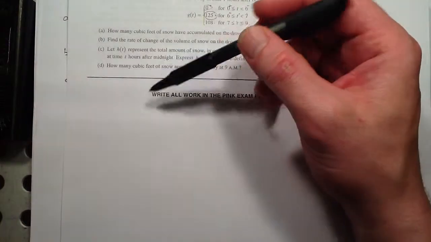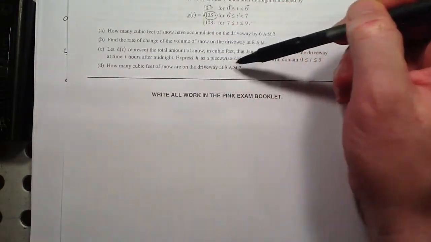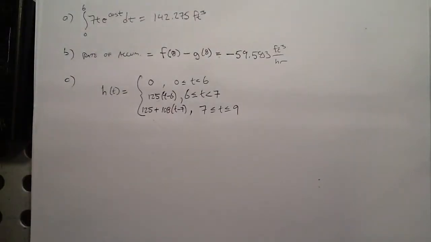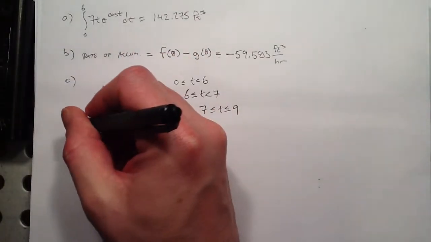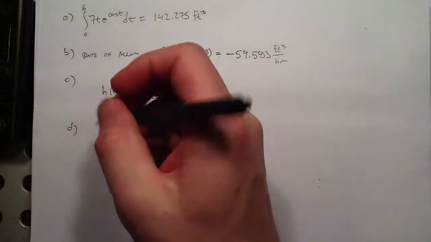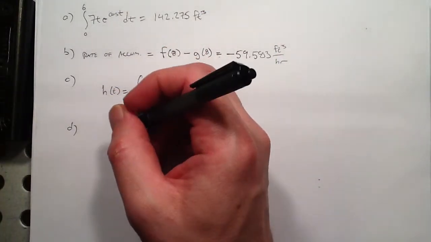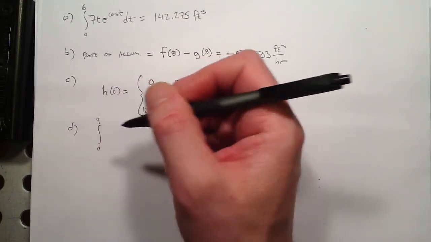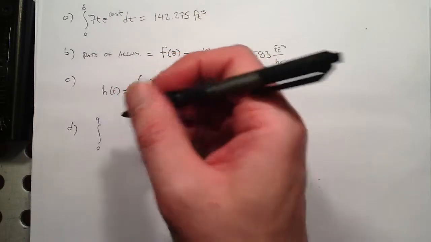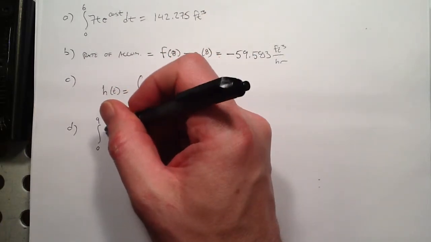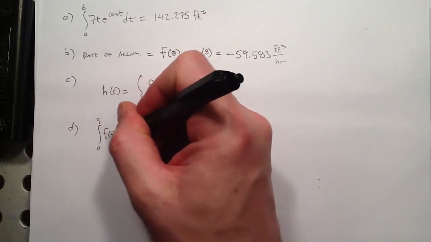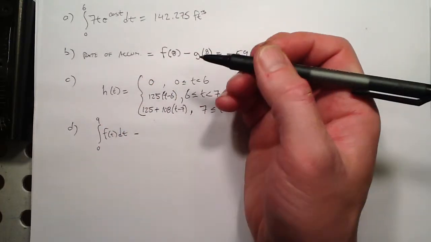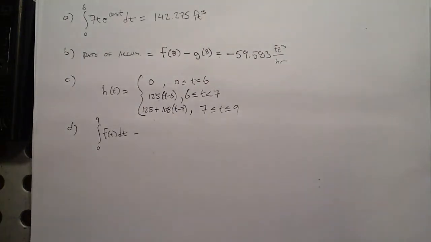And then finally in part D, how many cubic feet of snow are on the driveway at 9 a.m.? Well, at 9 a.m., the total amount is the amount of snow that's fallen. So in other words, the total amount of snow from time 0 to time 9 under the f of t, right? That's the rate that snow is falling, minus the total amount that she has removed.